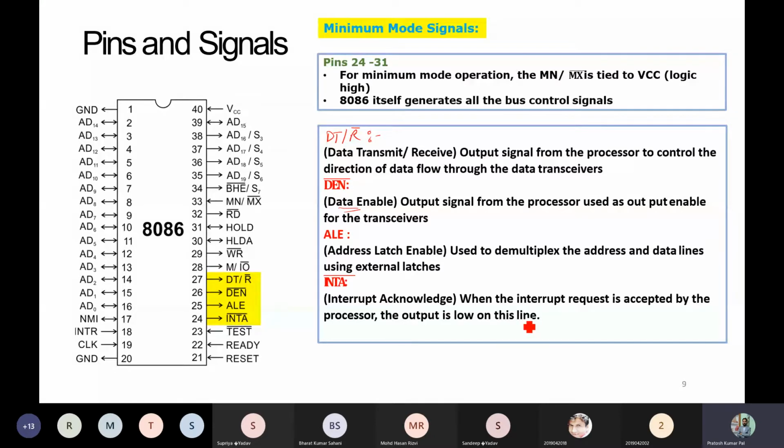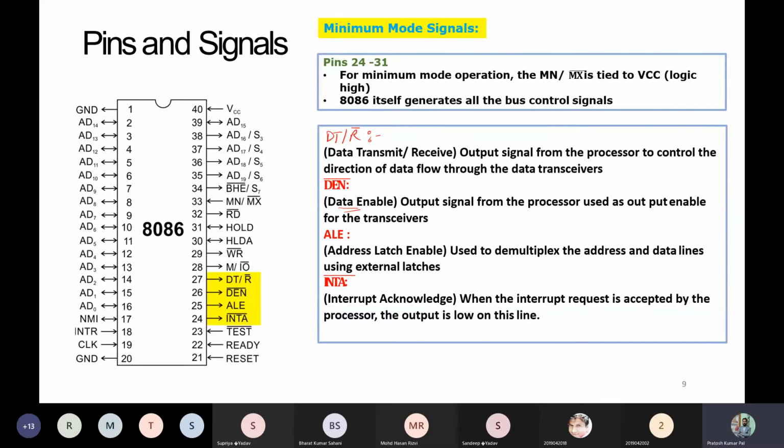Basically, it will be given as output, and this output will be active low. When the microprocessor has accepted the interrupt, it will acknowledge the interrupting device by providing this active low pin. Once it is giving this, that means it has considered the interrupt given to the processor.